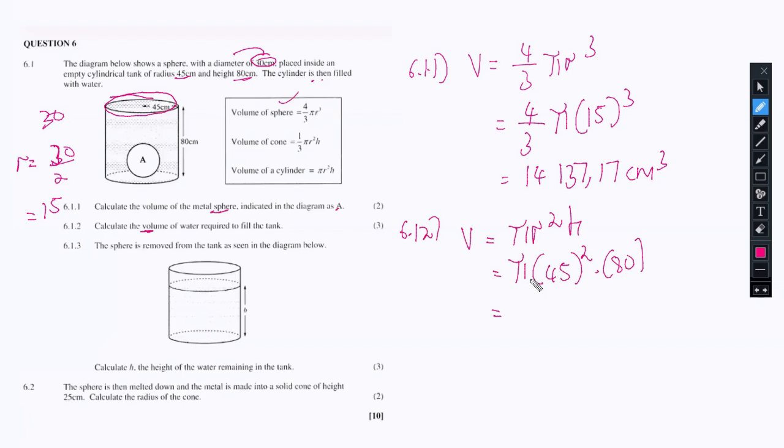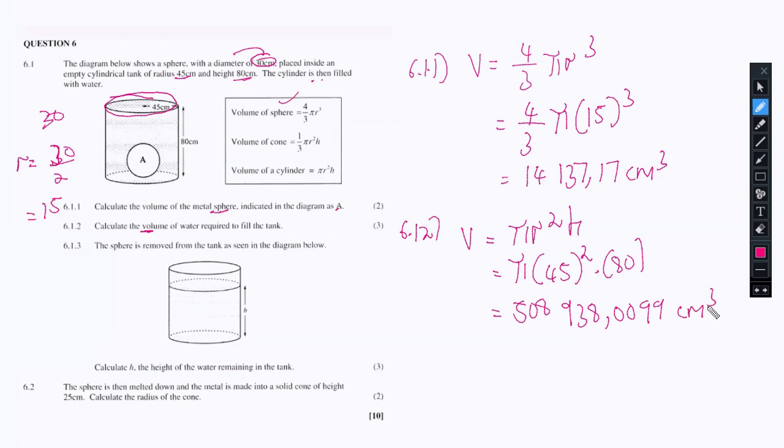We have pi times 45 square multiplied by 80. And then this is giving us 508,938.0099. SI unit, it's centimeter cube.